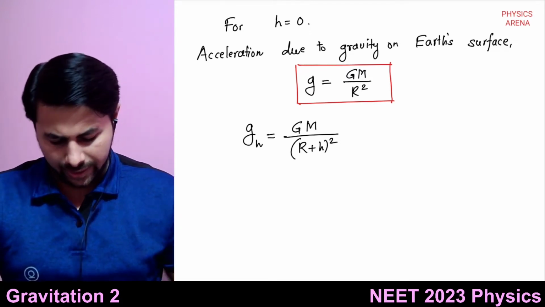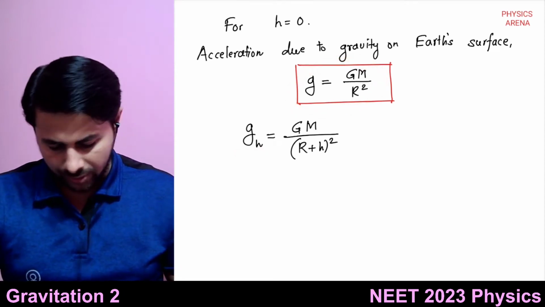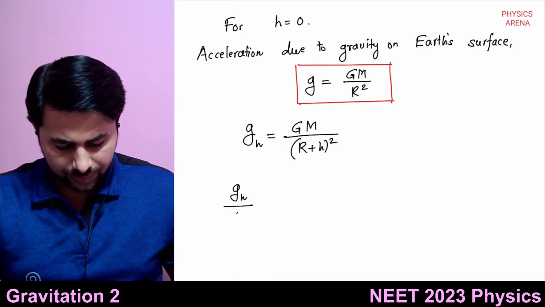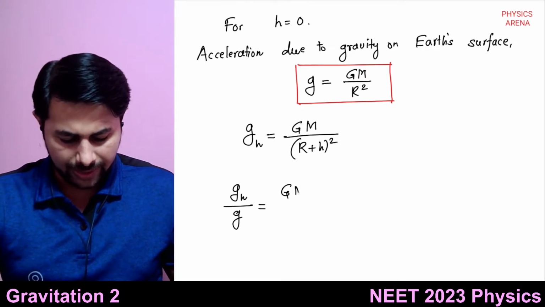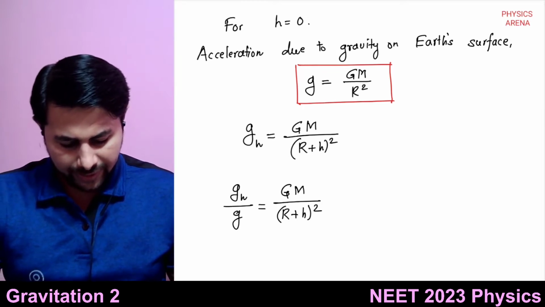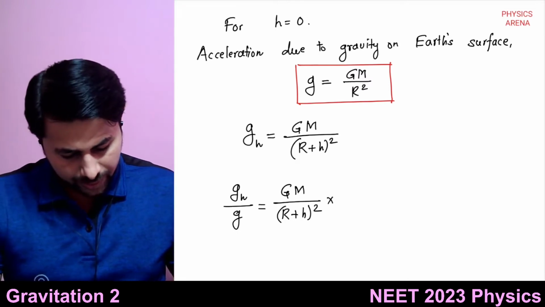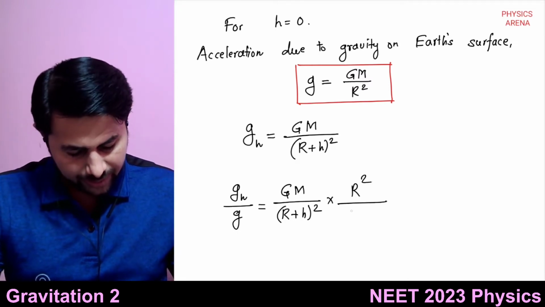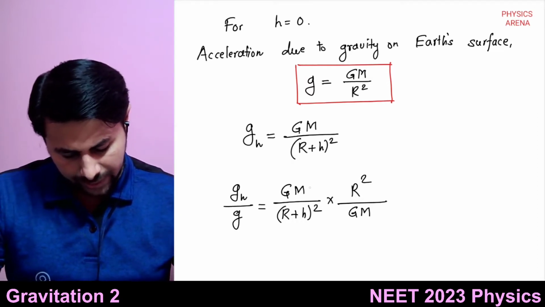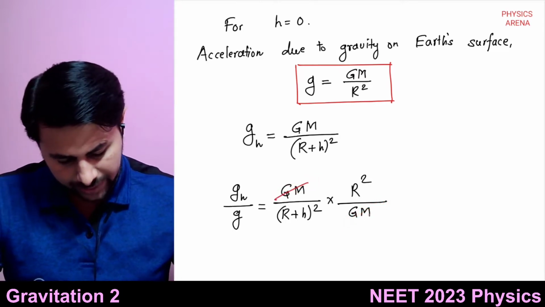Then I can divide this by the formula for g. So what do I get? g_h upon g is equal to G M upon (R plus h) square, and dividing by this is the same as multiplying by its reciprocal, so R square divided by G M. Then this G M and G M get cancelled out.